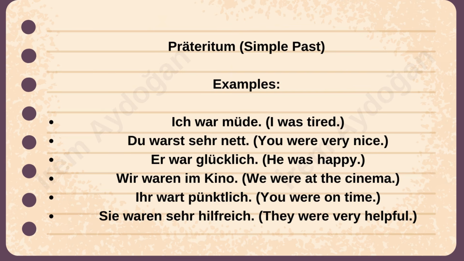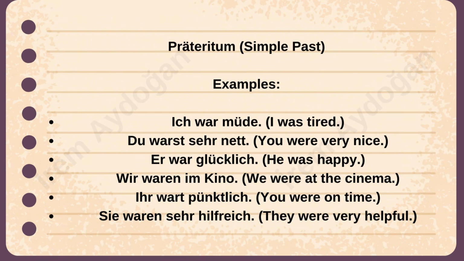Ihr wart pünktlich, ihr wart nicht pünktlich. Sie waren sehr hilfreich, they were very helpful. Sie waren nicht sehr hilfreich. I can make a negative like this. I have nicht or kein, but here I use nicht.